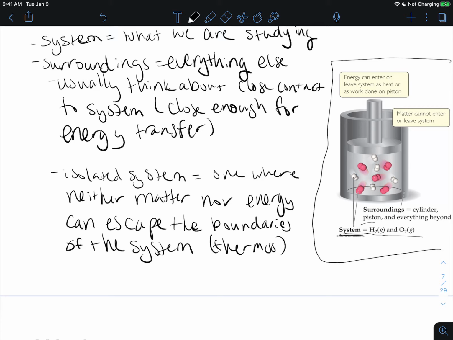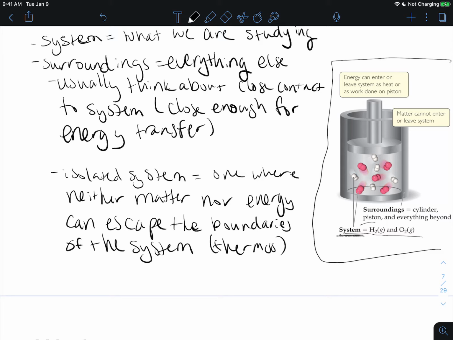This is a system that's able to interact, at least through the transfer of energy, with things outside of the system itself. And our system, H2 plus O2, going to H2O. Our surroundings, the cylinder and the piston, that transfer of energy from the system to the surroundings can be done through heat or work.